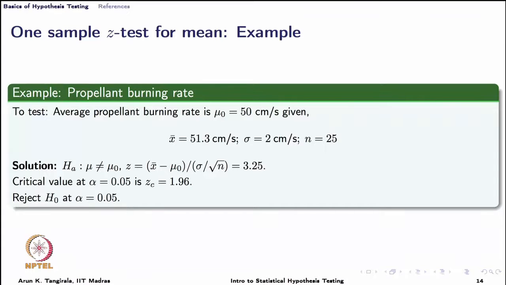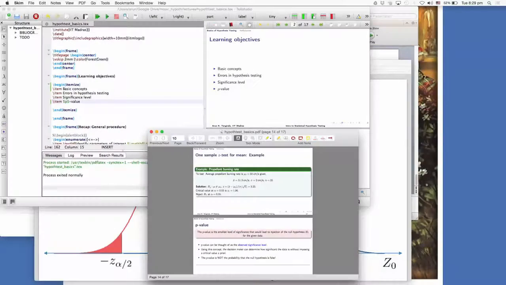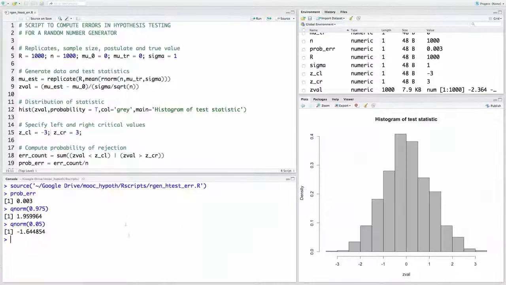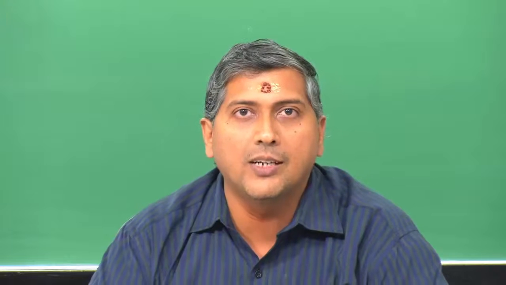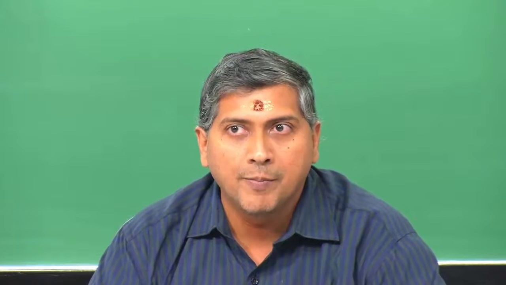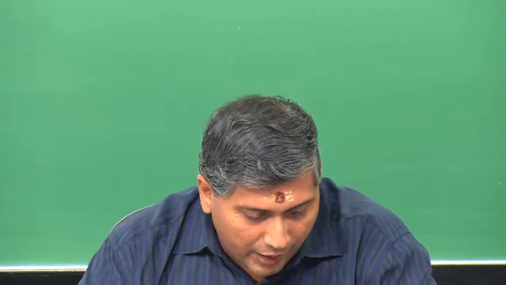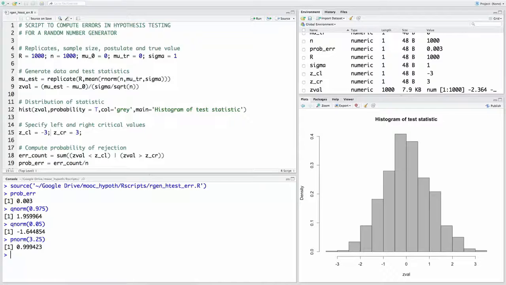So, we can calculate that in R, right. So, let us do that. Instead of qnorm, now we use pnorm, and now we ask what is the area to the right of 3.25, because if I had chosen that as alpha by 2, then I would have ended up rejecting the null hypothesis. And pnorm unfortunately gives me the left probability, the complementary probability.